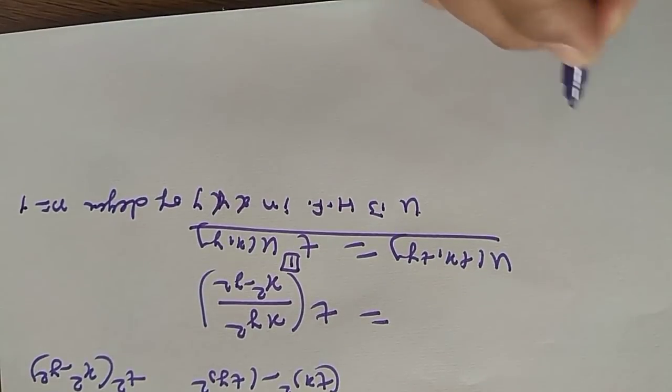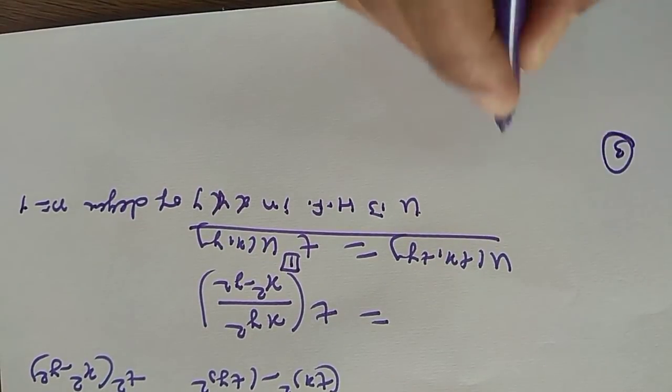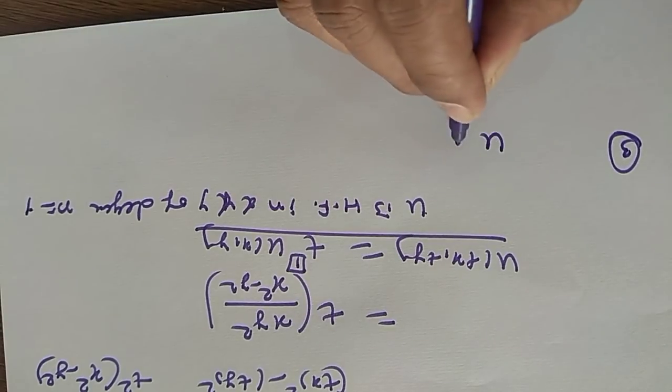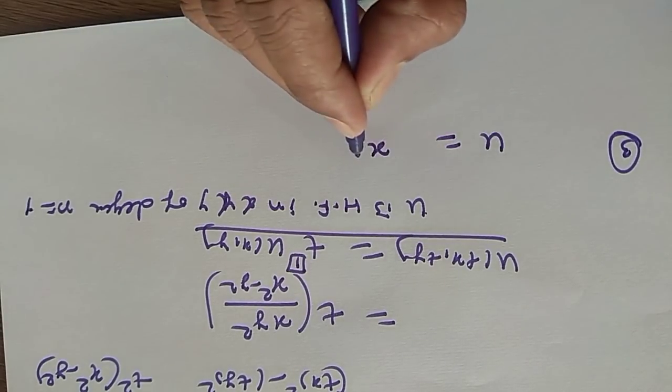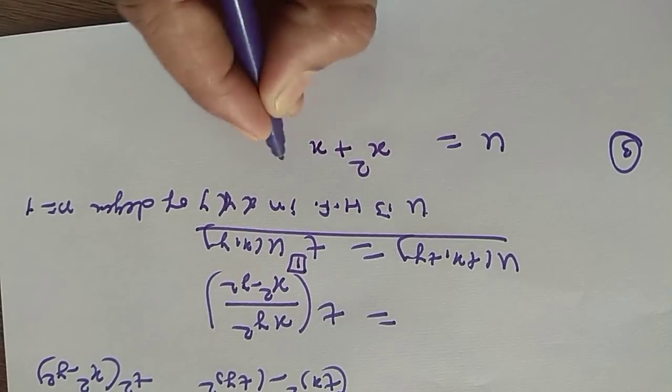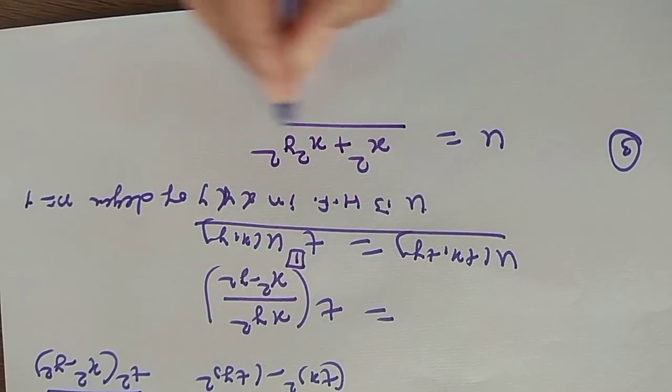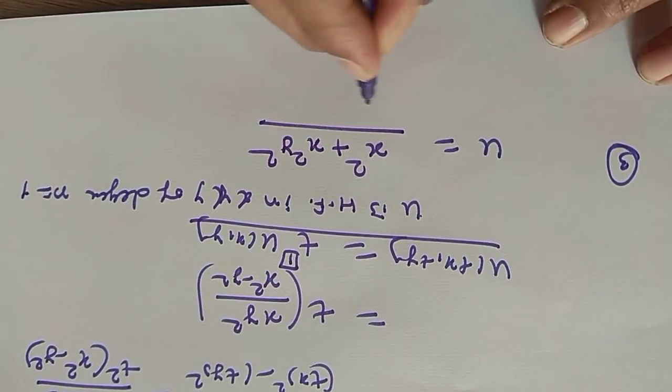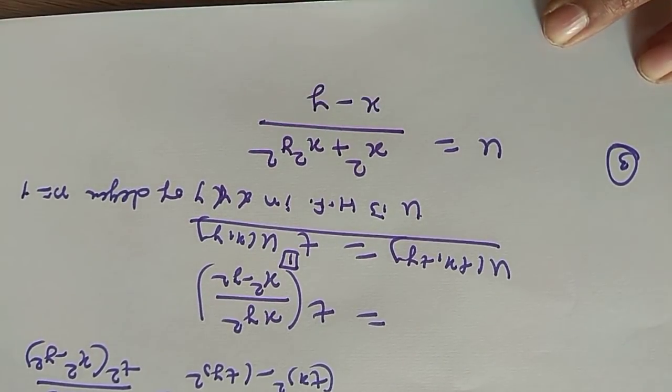I will take another example. u is equal to (x square plus x square y square) divided by (x minus y).